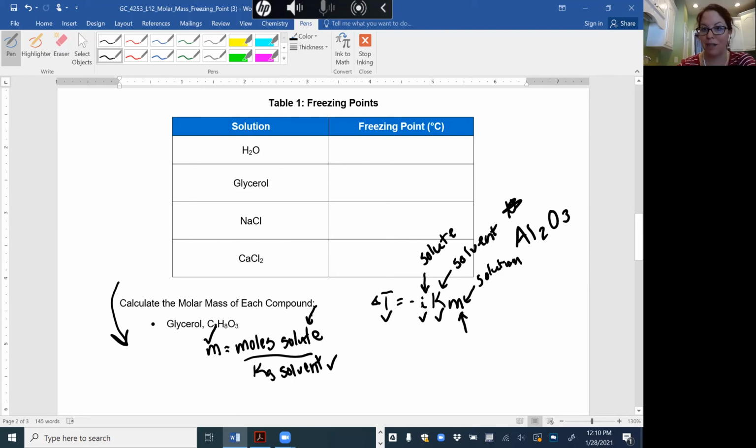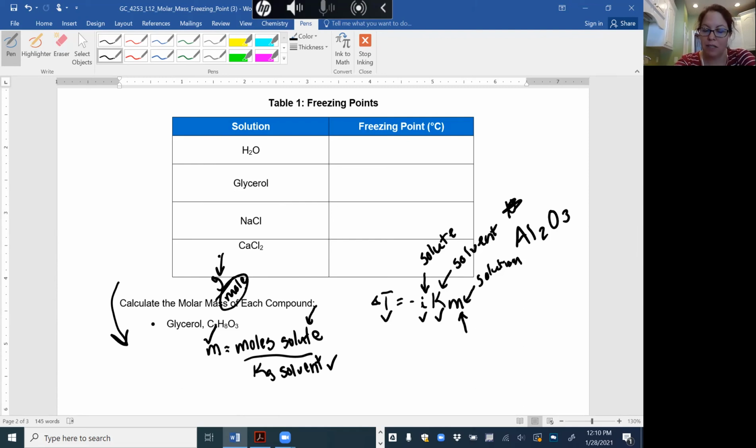Okay, now we're getting closer, because molar mass is grams per mole. So we have the mole value. The gram value is however much you measured on your scale. For the sodium chloride and the calcium chloride, the amount that you measured on your scale is your grams. You divide it by this mole value you just solved for, and it gives you the molar mass.